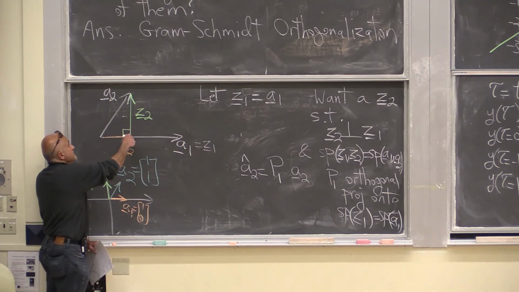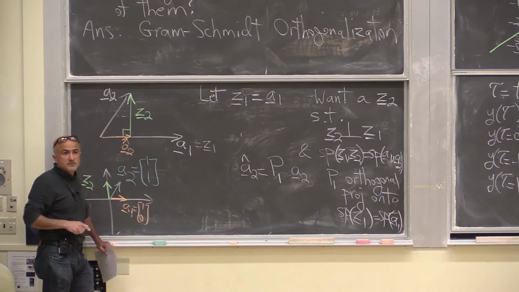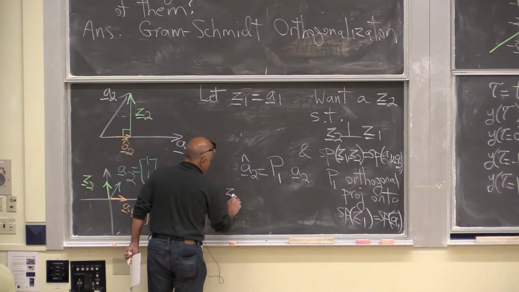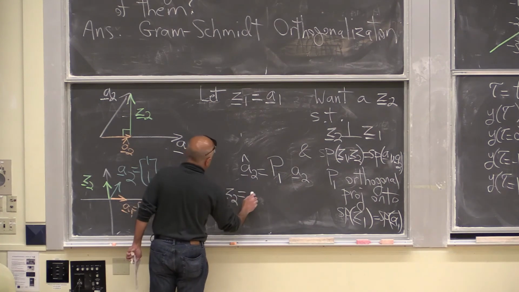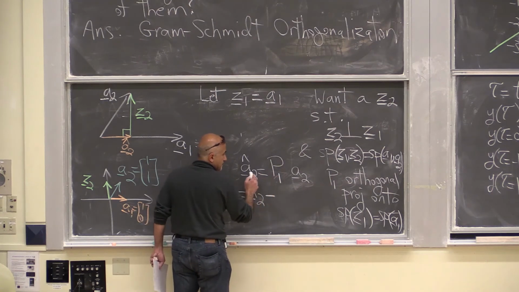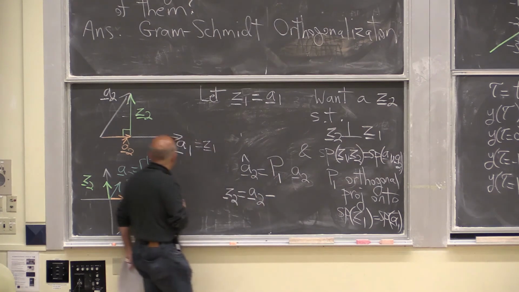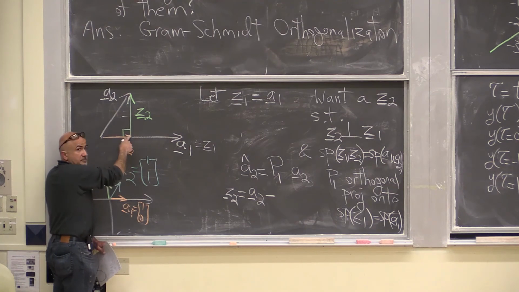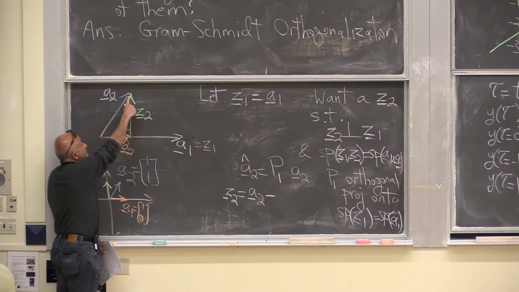What do you think z2 is? Isn't z2 simply a2 minus a2 hat? In other words, if you look at a2, I can write it as the sum of a2 hat and z2, no? This orange plus green gives me a2.